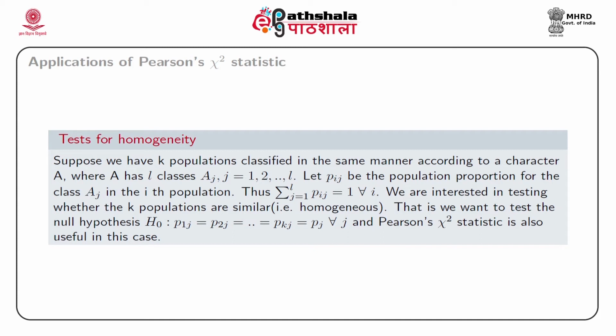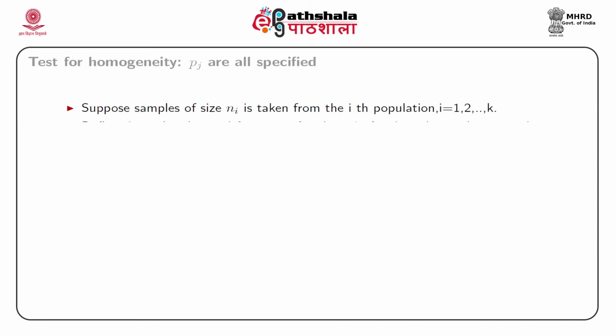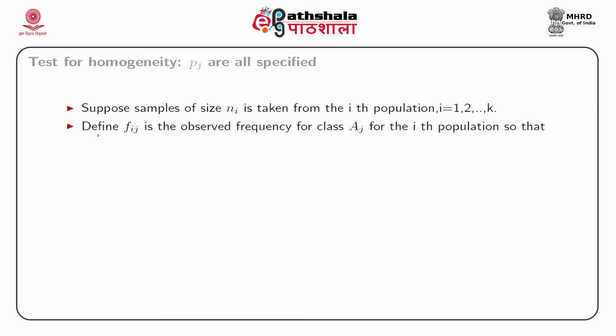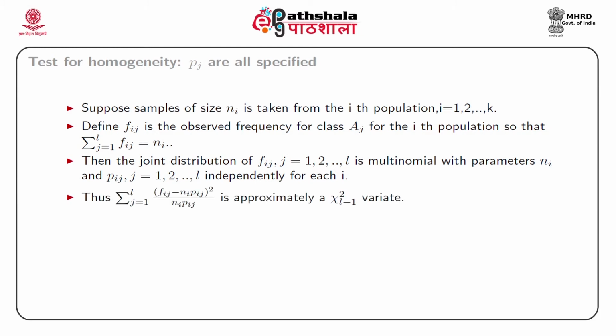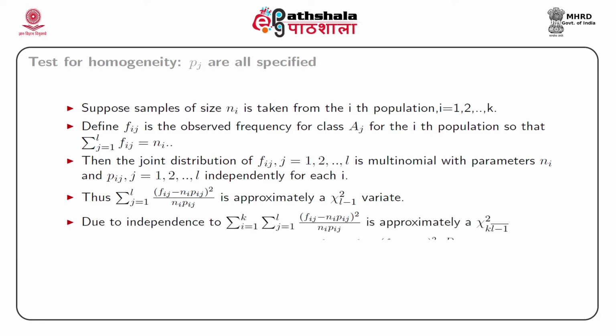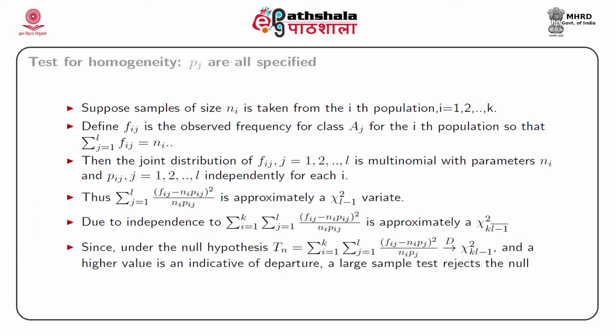Suppose Pj are all specified, and samples of size ni are taken from the ith population. Define Fij as the observed frequency for the class Aj for the ith population, so that sum over j from 1 to L Fij equals ni. Then the joint distribution of Fij for fixed i is multinomial with parameters ni and Pij, j running from 1 to L, and these are independent for each i.